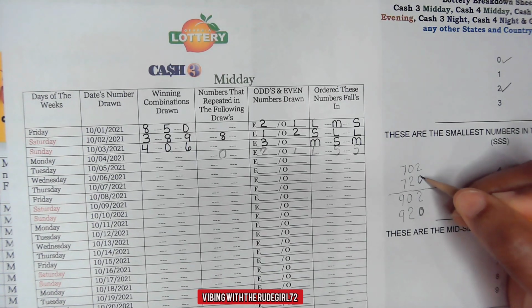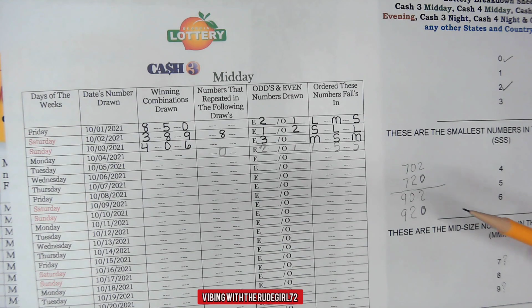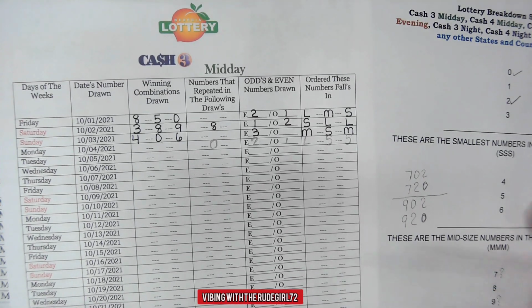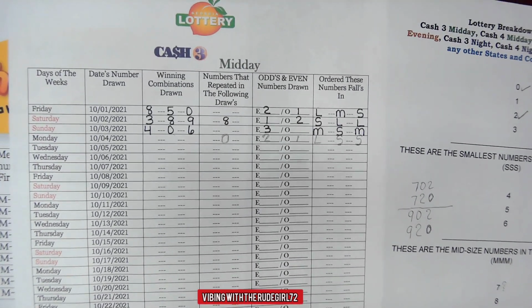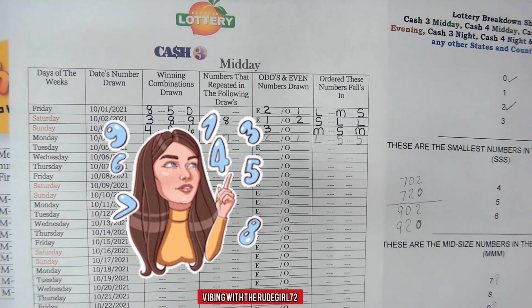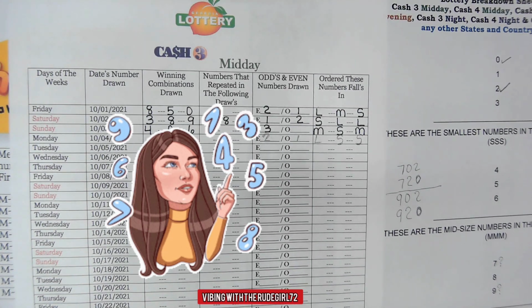Now I have 4 sets of combinations right here. Notice 4 sets of combinations is not a lot of numbers, especially the way I worked it out for you to show you how simple it is to come up with that number without having to stress yourself trying to figure out your combination from a whole bunch of numbers in front of you to confuse you.